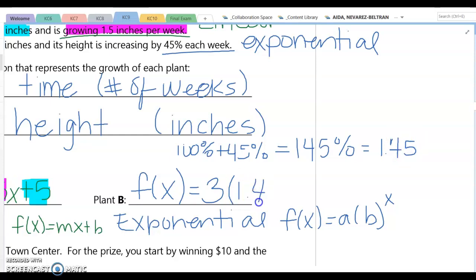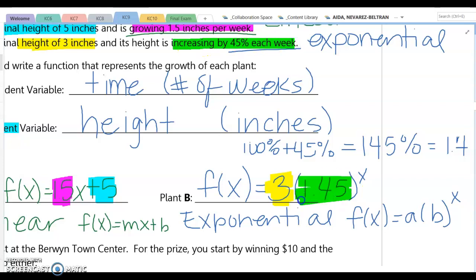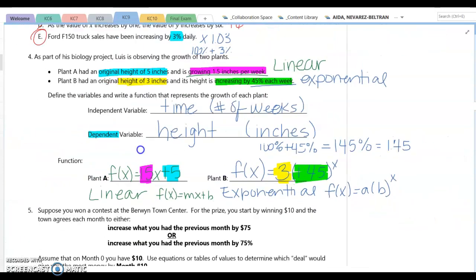So then we have 1.45 to the power of x, right? So if we look at that, initial height of 3 inches, that's the a, and then when it says increasing by 45% each week, increasing by 45%.